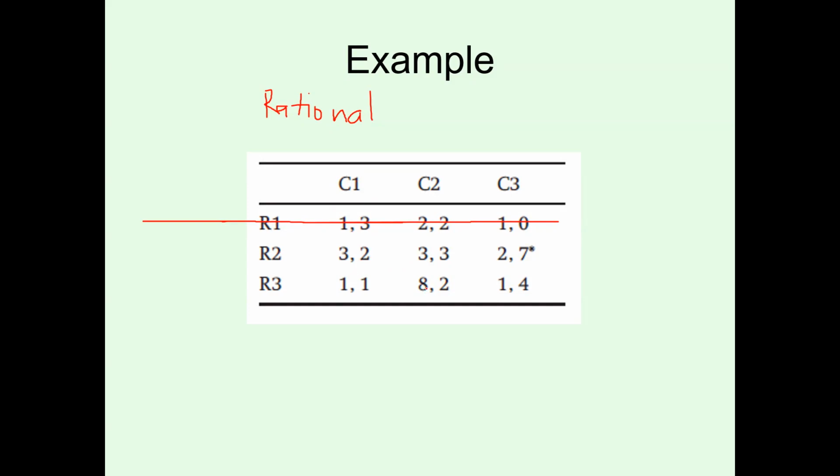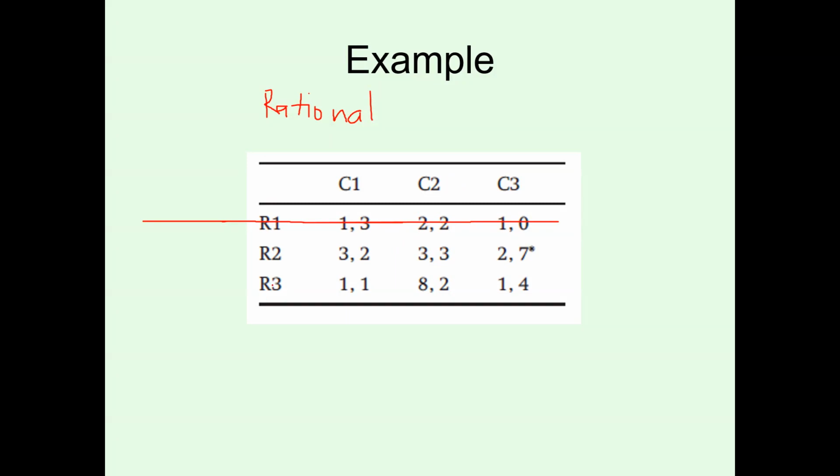If he chooses R2, my return will be 2 if I use C1. If I use C2, I will get 3. Let me just compare C1 and C2 first. So I would choose C2, right?